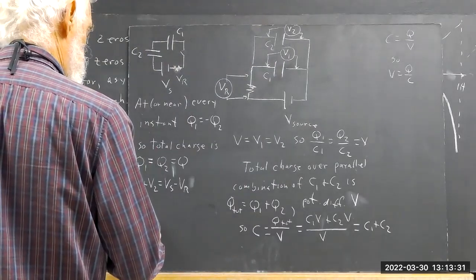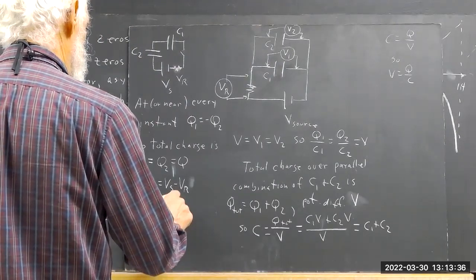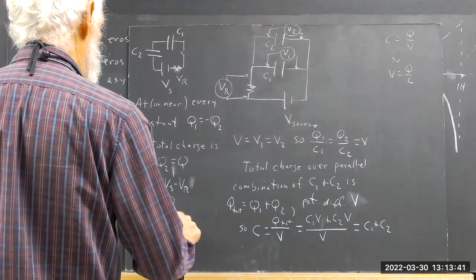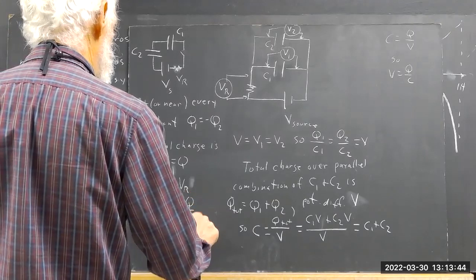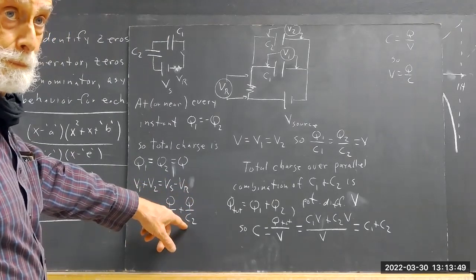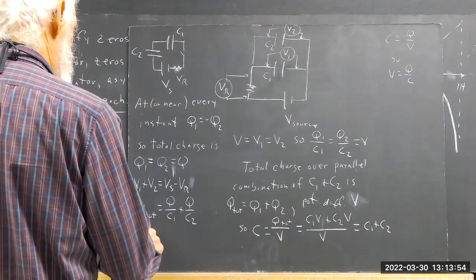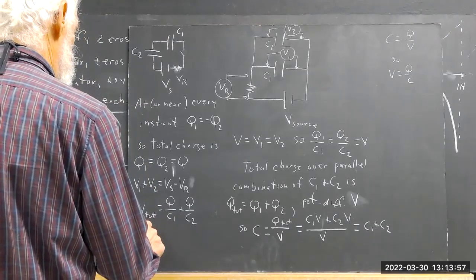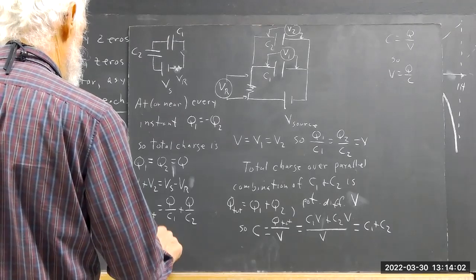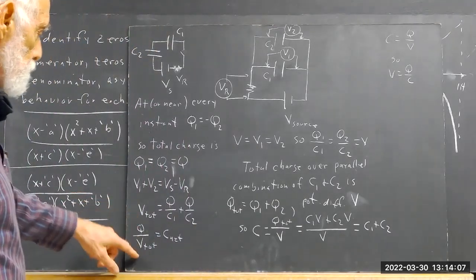So your total voltage is Q over C1 plus Q over C2. So your net capacitance is the charge over your total voltage.